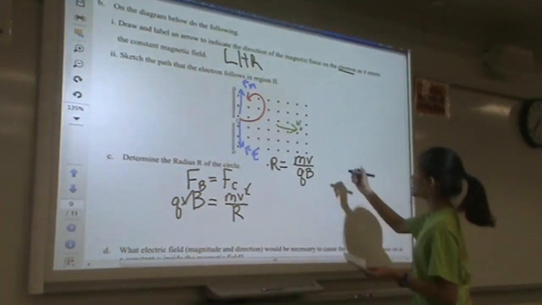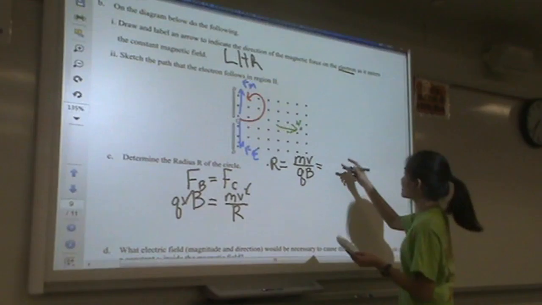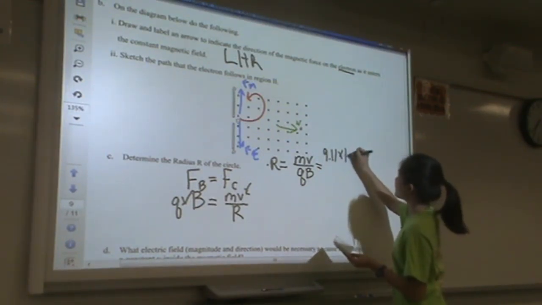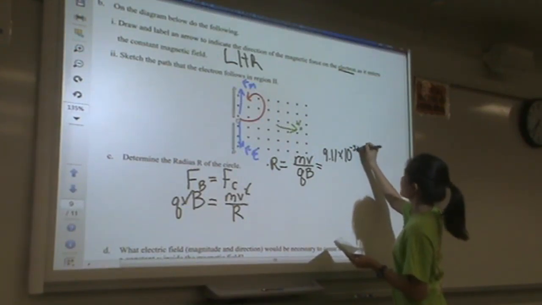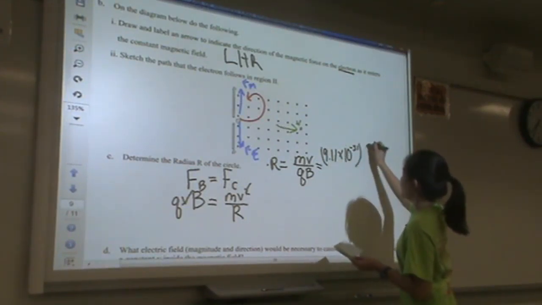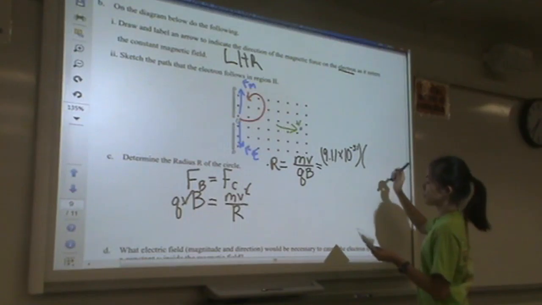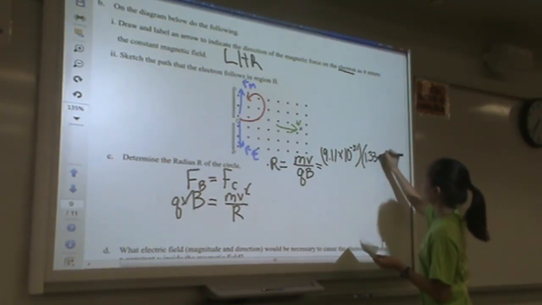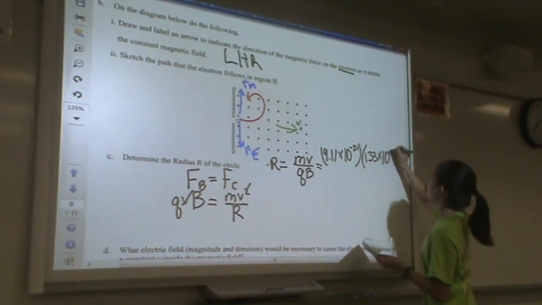So now we can just plug some numbers in. m is the mass, which is 9.11 times 10 to the negative 31st kilograms. Multiply that by the velocity that we found in the first part, which is 1.33 times 10 to the 6th meters per second.